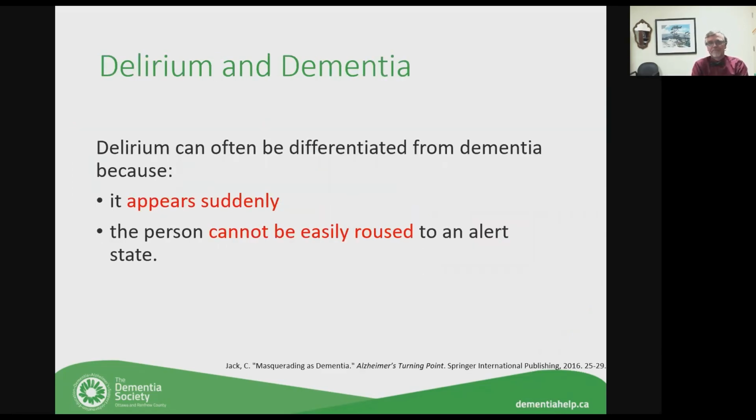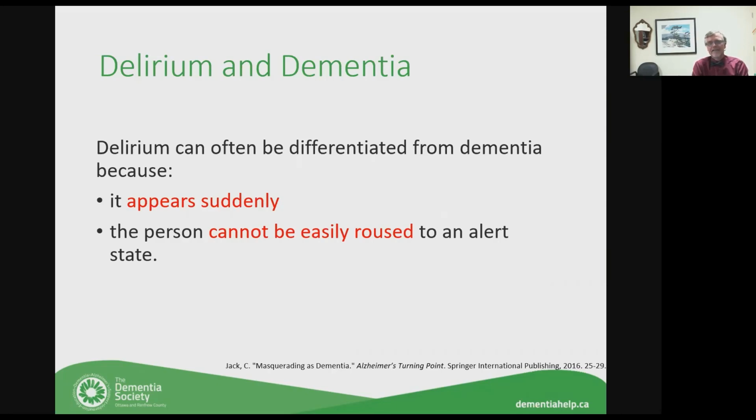All right, so we've pretty much talked about all the different types of dementia that there are. I mean, there are other types. We can talk about those if need be in the question and answer period, but let's talk about delirium. So delirium is a sudden change in ability to think.